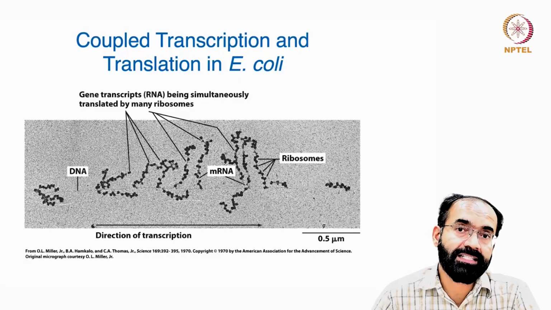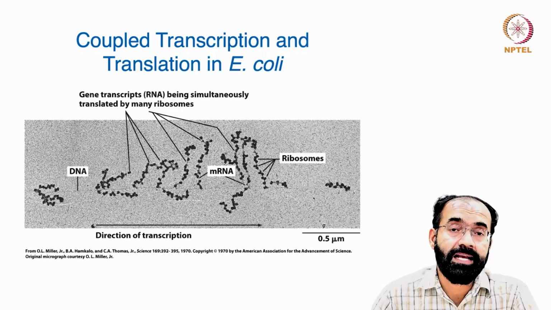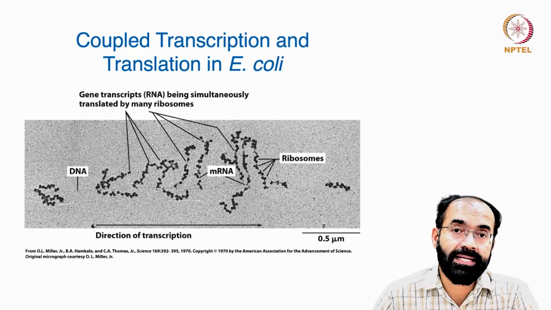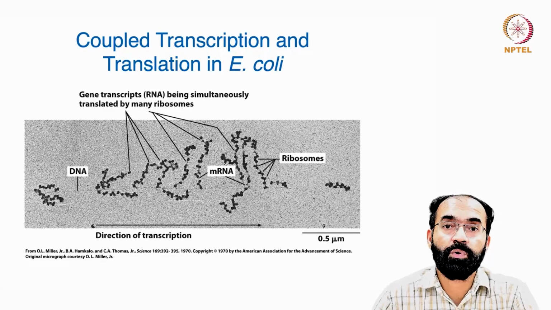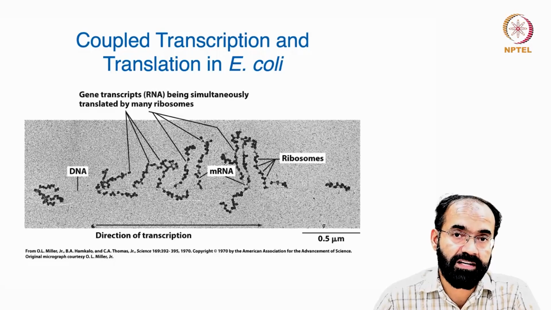However, if coupled transcription and translation is taking place, as soon as the RNA is formed, say only 100 bases are formed, then that part of the RNA itself can start the protein synthesis. The translation will start.